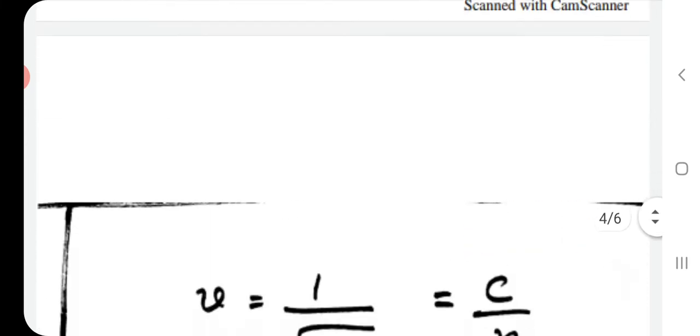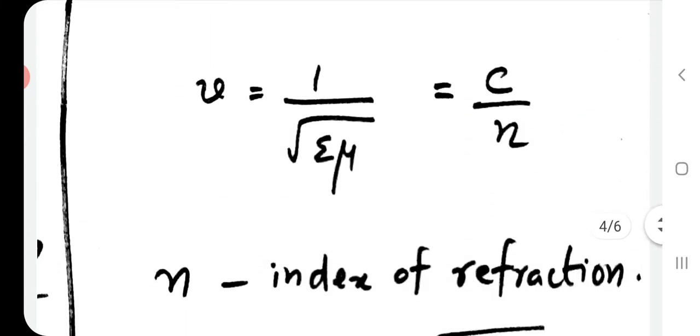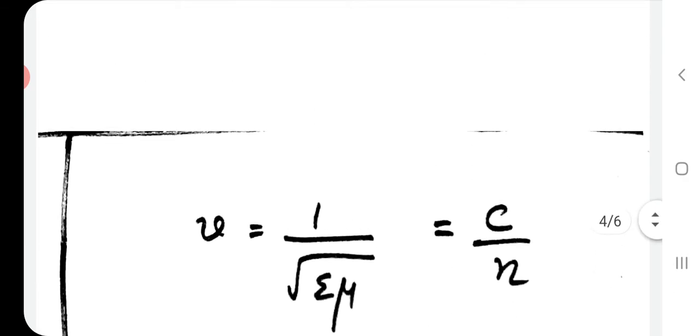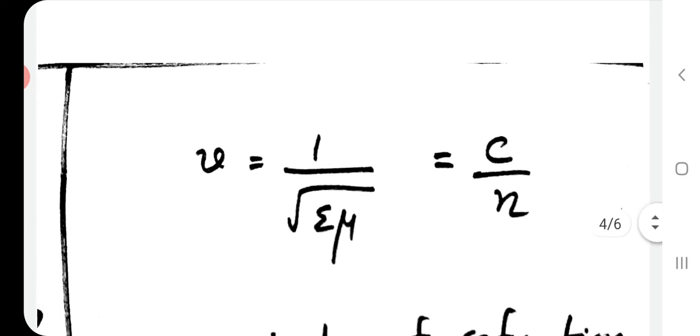So we have formed wave equations in free space. The same way we can form wave equations here, and the velocity will be equal to 1 over root epsilon mu. In free space it was 1 over root epsilon 0 mu 0. Here it is 1 over root epsilon mu.